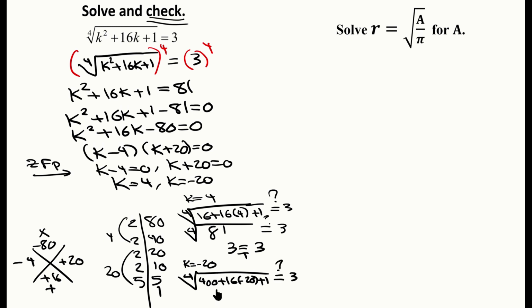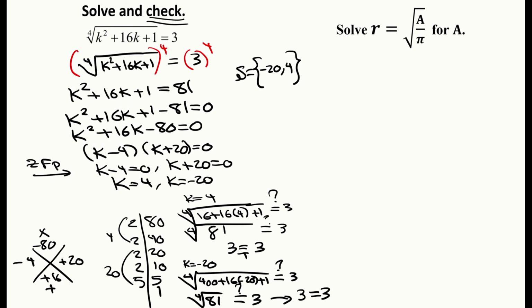Now here we have 400 minus 320, which is 80, plus 1. So again, we get the fourth root of 81. We want to know if that equals 3. And of course, we do get 3 equals 3, so that works out as well. So we have two solutions, which we'll go ahead and write in our solution set, namely negative 20 and 4.